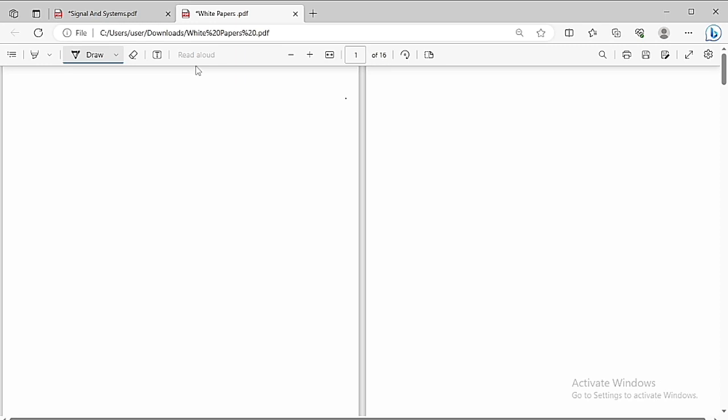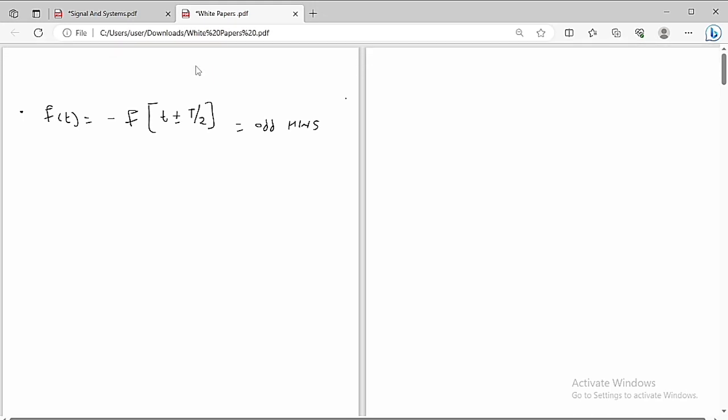If f of t is equal to minus f of t plus or minus T by 2, this is called the odd half-wave symmetry. Odd half-wave symmetry means only the odd frequencies of the sine and cosine terms are going to be present.